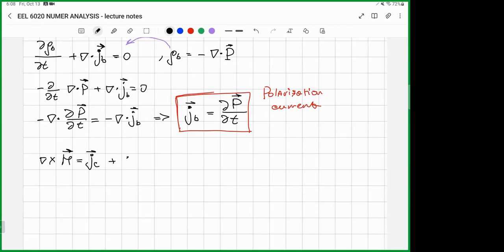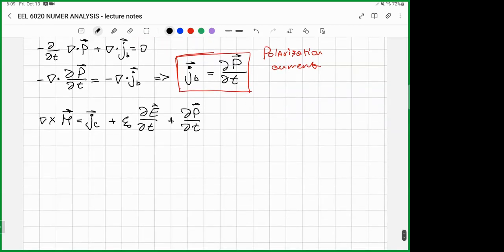And then we have this term associated with the displacement current, right? And finally, this new one, which we just derived, dP over dt.